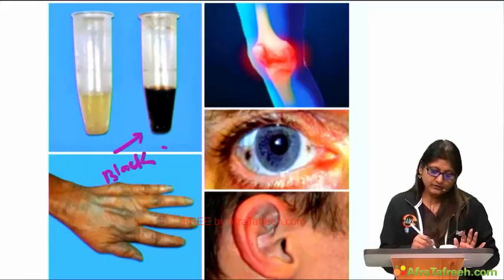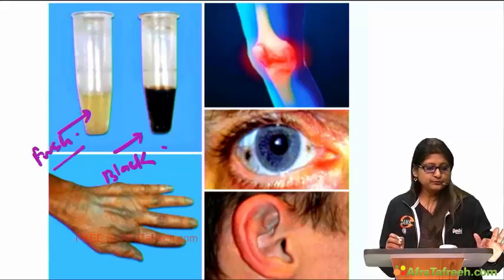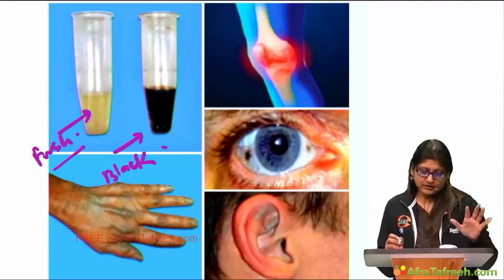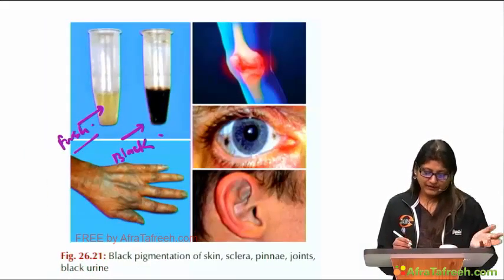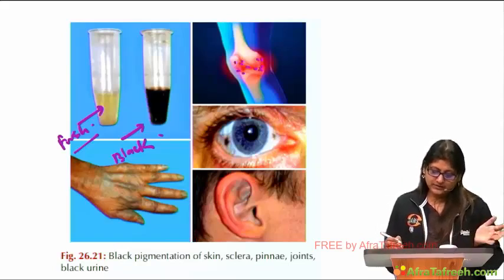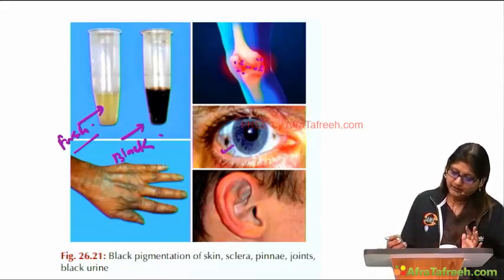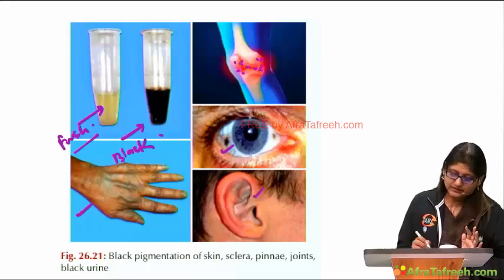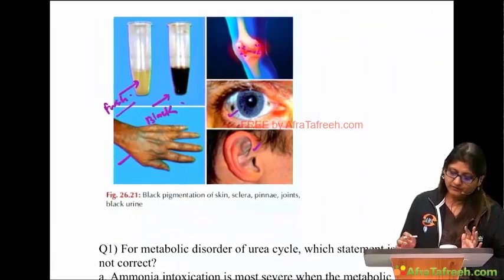The fresh urine is colorless, but on exposure to air, it turns black. In addition, you have deposition in the synovial fluid of these alkapton bodies, resulting in arthritis, and black pigmentation in the conjunctiva, the ear, and the skin. These are all characteristic of alkaptonuria.